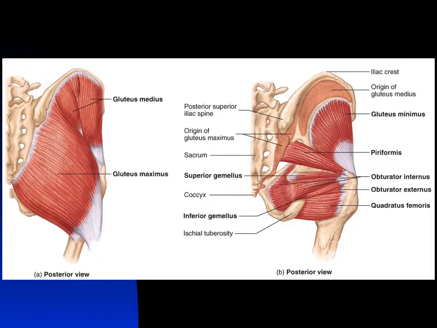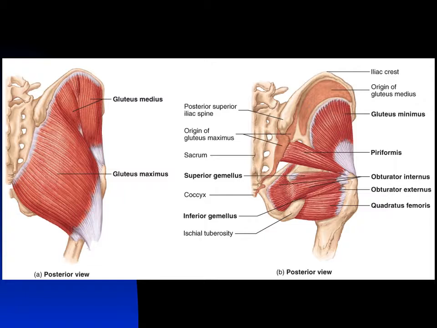Okay, then moving to the muscles of the pelvic girdle and the lower limb. So here is a posterior view of the pelvic girdle, on one side showing the superficial muscles on the left, on the right side showing the deep muscles. Really here all you have to know is the superficial muscles, which are the gluteus maximus and I think possibly the gluteus medius.